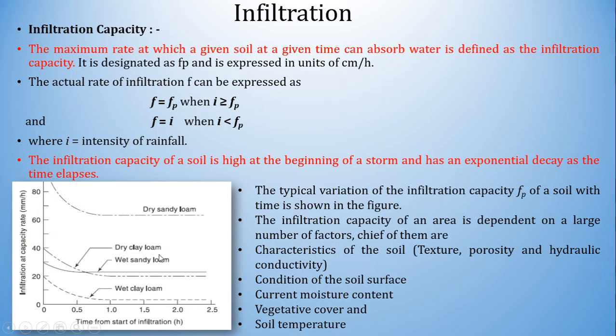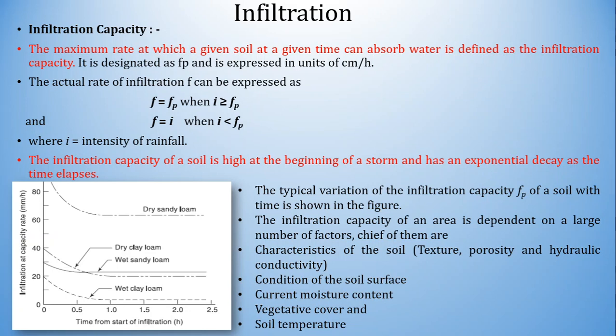For a dry clay loam, it is less than the sandy soil. For wet sandy loam, the curve is shown like this. And the least capacity is for the wet clay loam, since it does not have many pores or voids. So initially also its infiltration capacity will be less than that of the sandy soil.